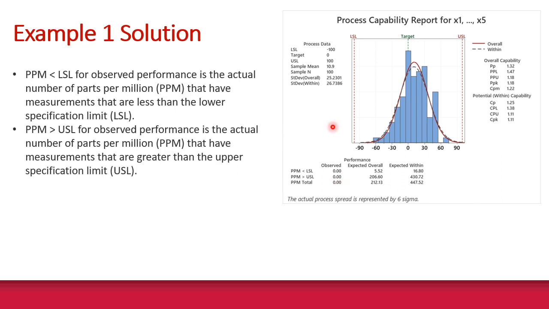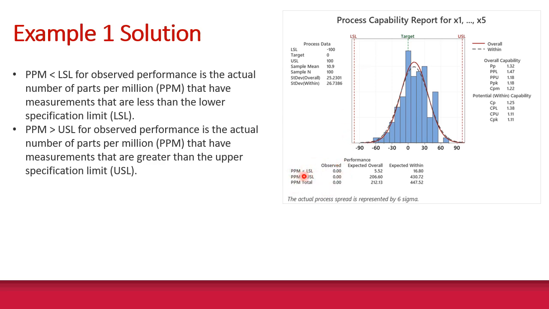It also reports in the lower chart the parts per million that were less than the lower specification limit. So these are for the observed. This is the observed performance here. So here we didn't actually observe any that were lower, but they would show up over here in the observed column. You'll see the parts per million less than the lower specification limit.